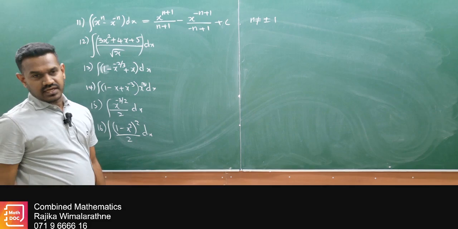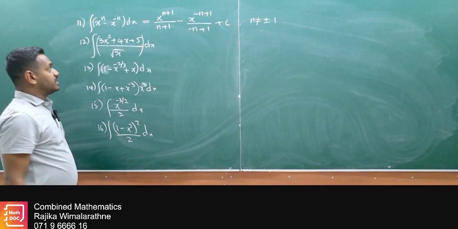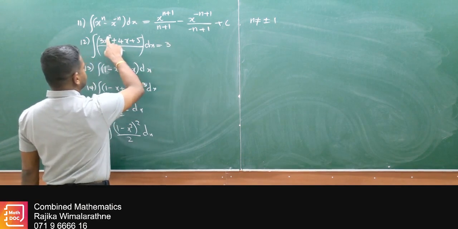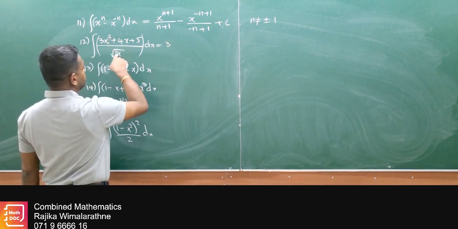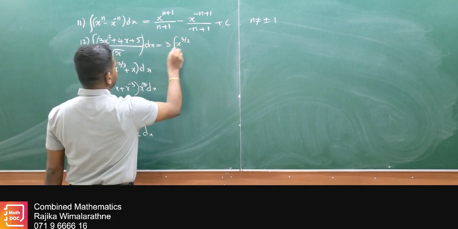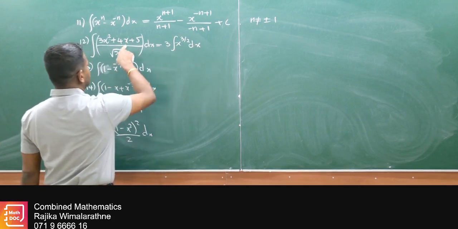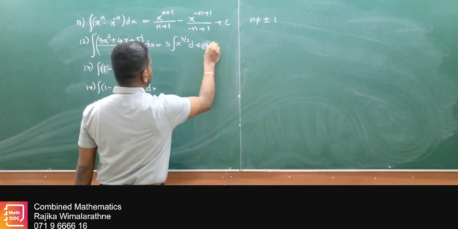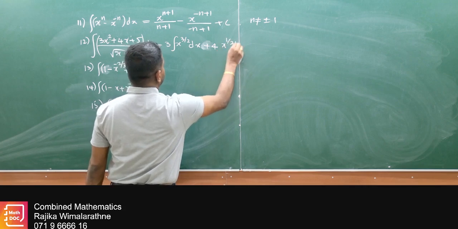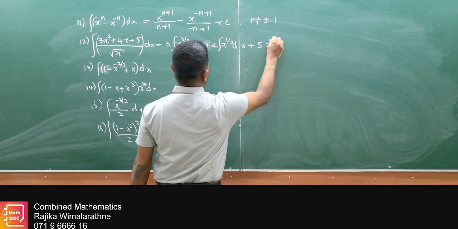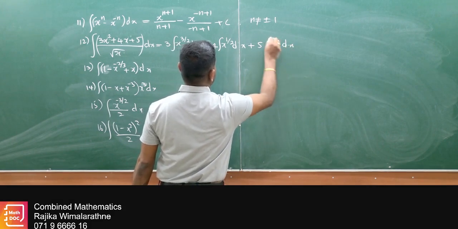Then here separate the denominator: x power over root x, x to the power 3 over 2 minus half, 1 minus half for x to the power half, x to the power minus half dx.